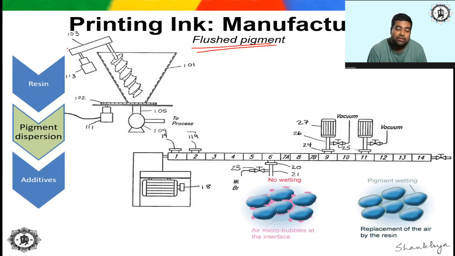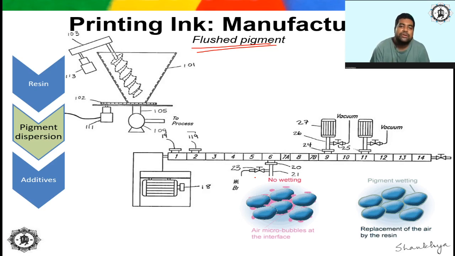This process involves preparation of something which is known as the flushed pigment. What is done? Normally the pigment comes in the powder form, and all the smaller pigment particles are surrounded by air around them, right? Because they are surrounded by air, it becomes very difficult during the dry color route, during pigment dispersion, to remove this air and to coat the pigment particles with the help of the vehicle.